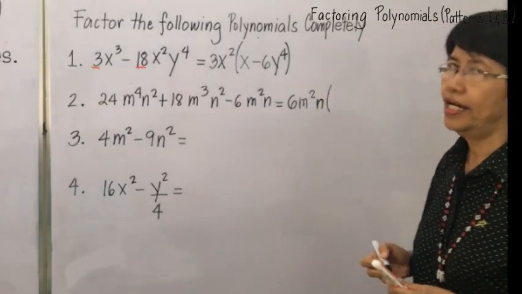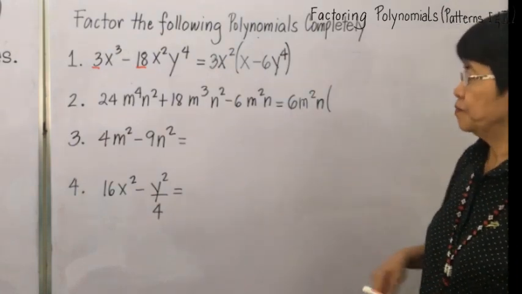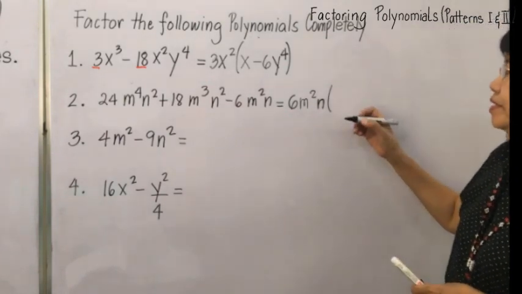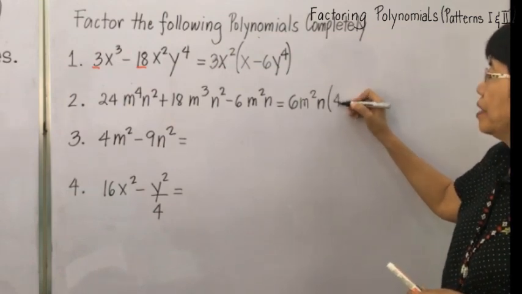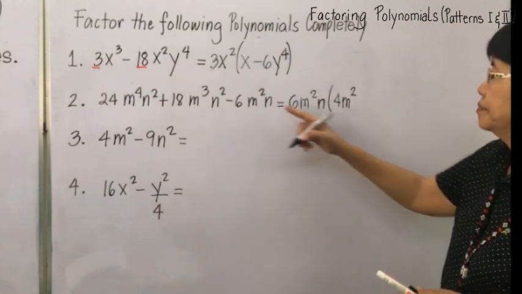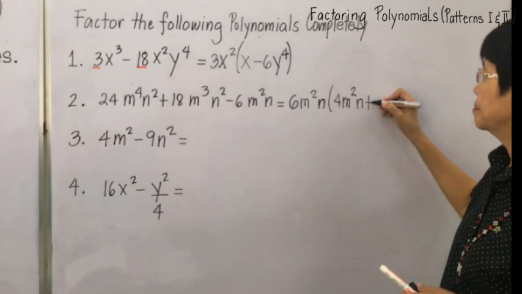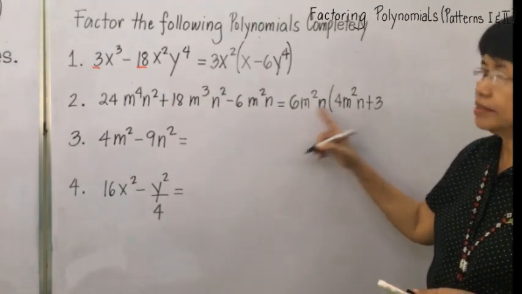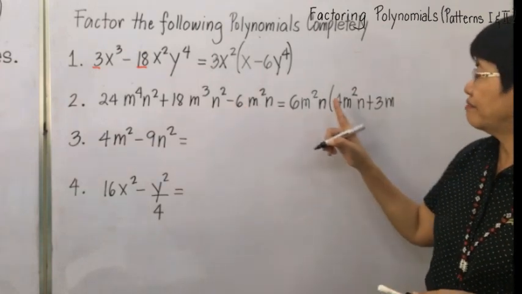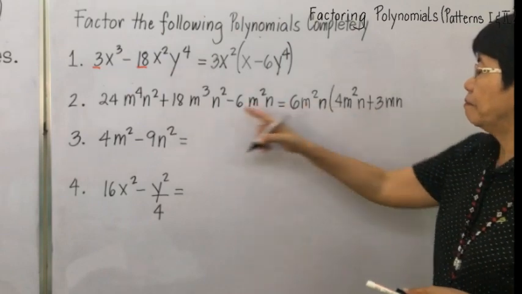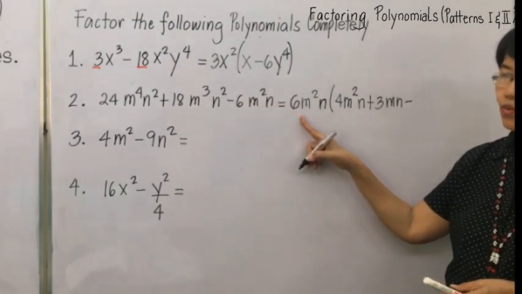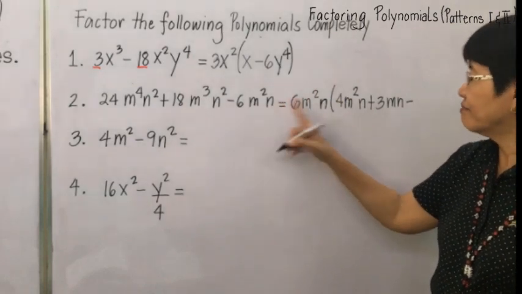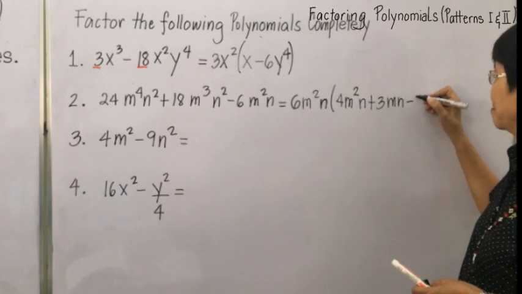So this is the first factor, and the second factor is 24 m to the 4th n squared divided by 6 m squared n. 24 divided by 6 is equal to 4 m squared n plus 18 divided by 6, 3 m cubed divided by m squared is m, n squared divided by n is n, and then minus 6 divided by 6 is 1, m squared divided by m squared is 1, and n divided by n is 1. So what is left? Minus 1.